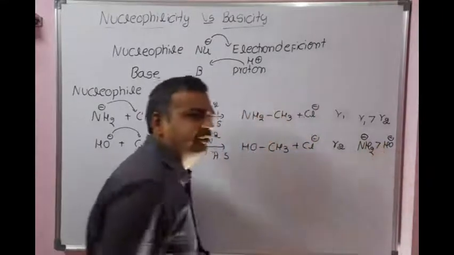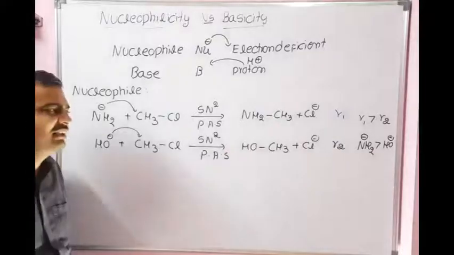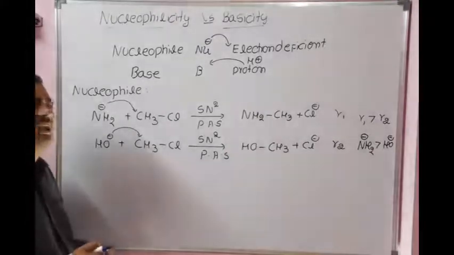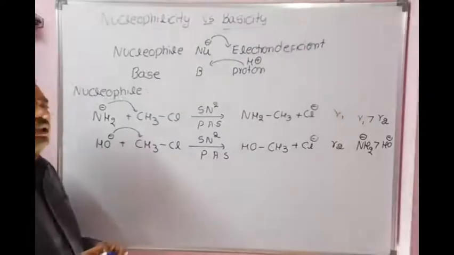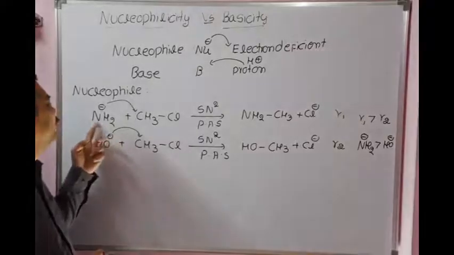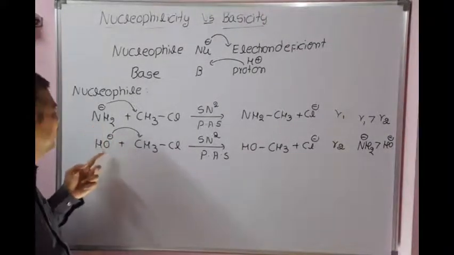In a period from left to right, nucleophilicity and basicity decrease. That we will explain after 5 minutes. As of now, from the experimental data, R1 is more than R2, which means the nucleophilicity of NH2 minus is more than OH minus.